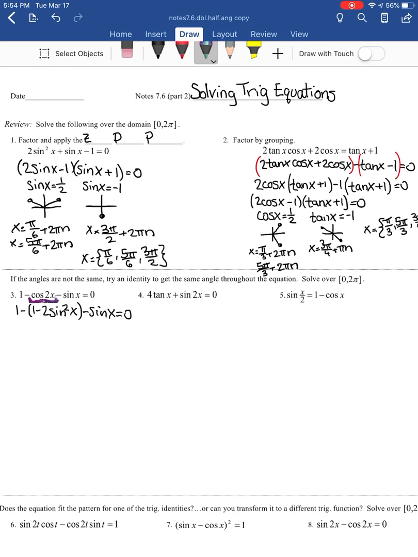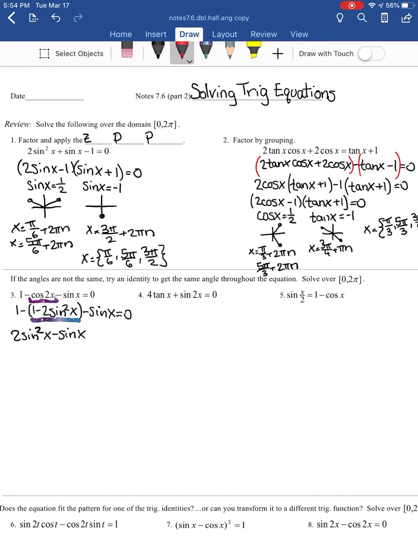So hopefully you can see I have substituted in my double angle identity. So now I distribute the negative sign, write it in a way that makes sense to me. So 2 sine squared x minus sine x.